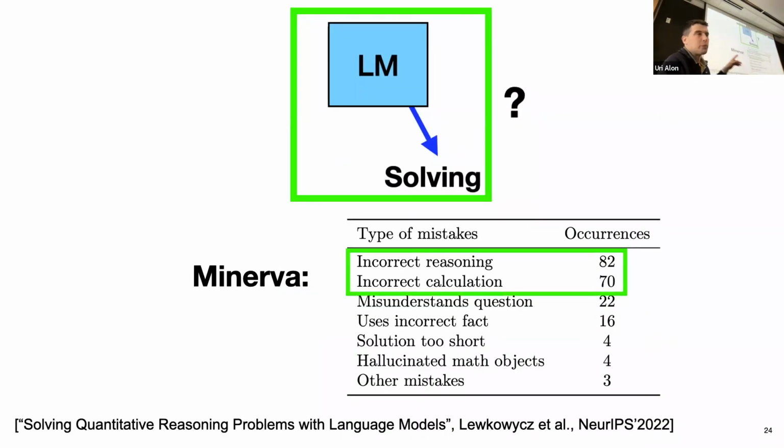I forgot to mention that even in the Minerva paper, they trained a 5 billion parameter model at Google on explicit mathematical content. Even they found that after training, the most common classes of mistakes were incorrect reasoning and incorrect calculation, which is another evidence that even if you train a huge model on billions of mathematical tokens, the model still makes arithmetic mistakes.